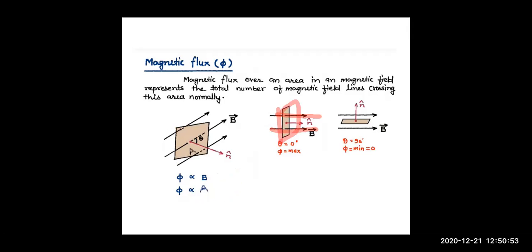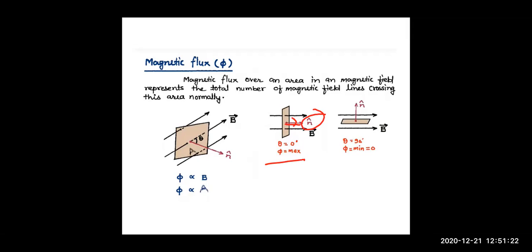Here, the area vector, that is the vector which is perpendicularly outward from the surface, is represented by n cap, right? Now here the number of magnetic field lines passing through this area will be maximum.